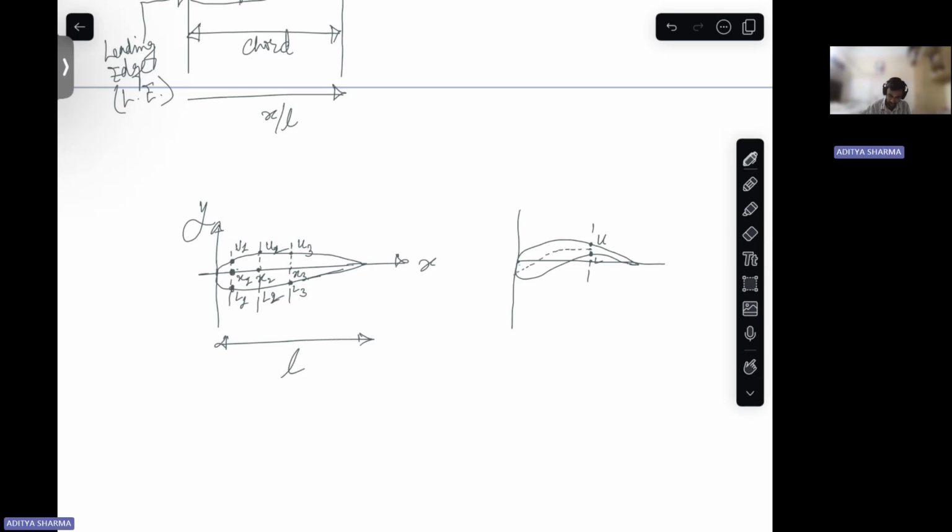This will be something like this. So this basically is your camber line. This dotted line we call the camber line.